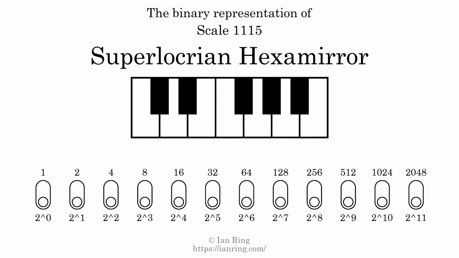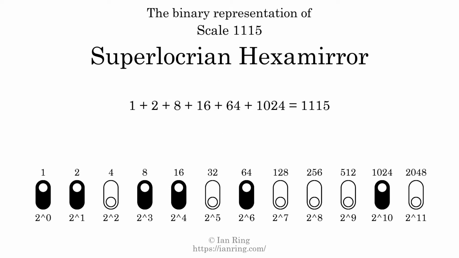The binary representation of this scale is determined by mapping tones of the scale to binary digits. Each binary digit represents a power of 2. To get the scale number, we add the powers of 2 together. The powers of 2 that are present in the scale, all added together, equals 1115.